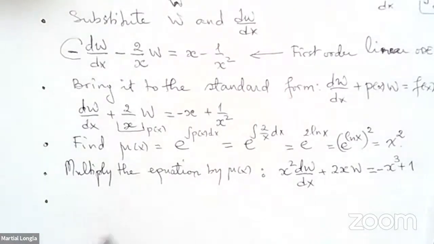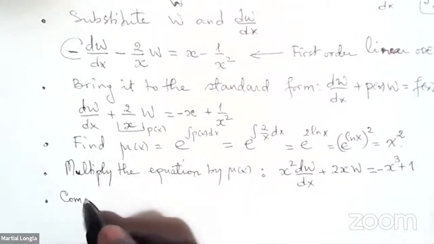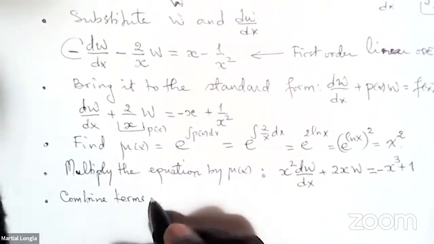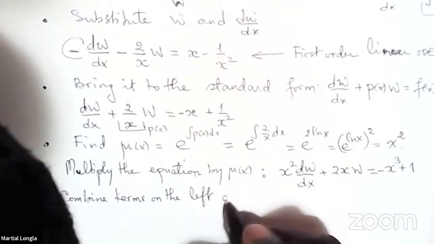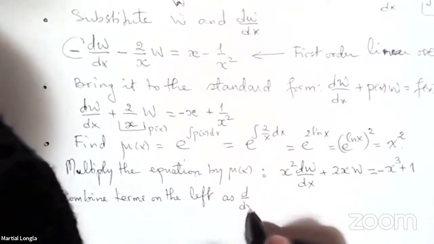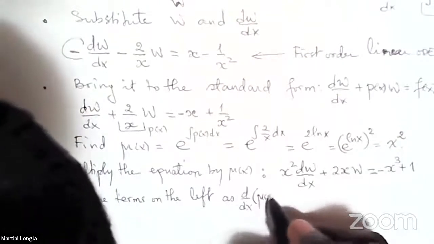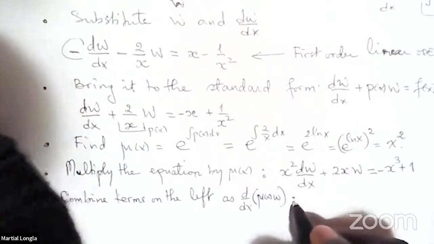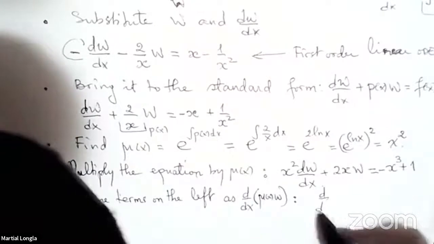The next thing to do is combine terms on the left as d over dx of the integrating factor times w. In this case, in our example, that is d over dx of x squared w.